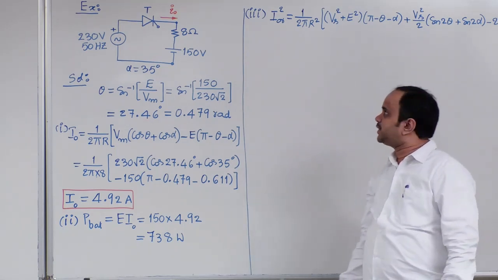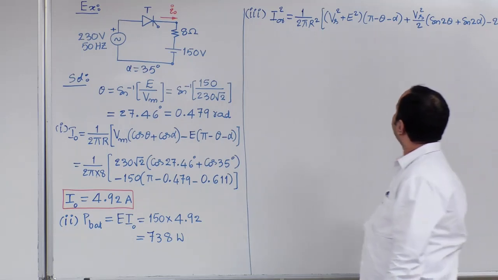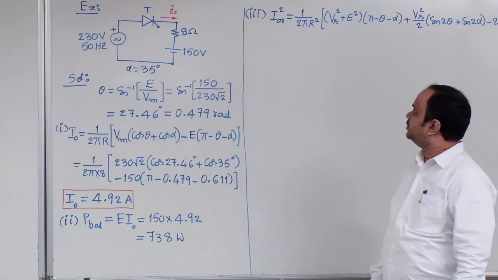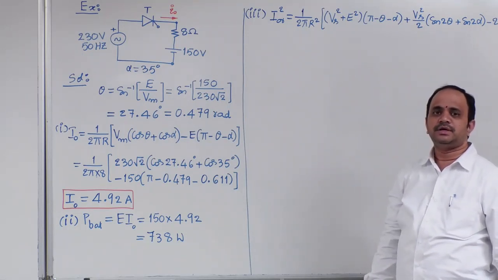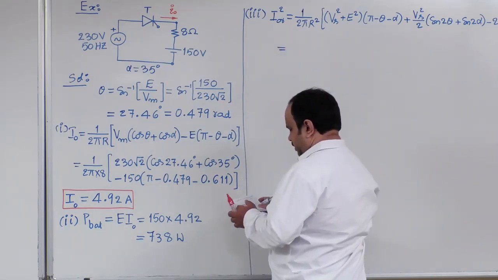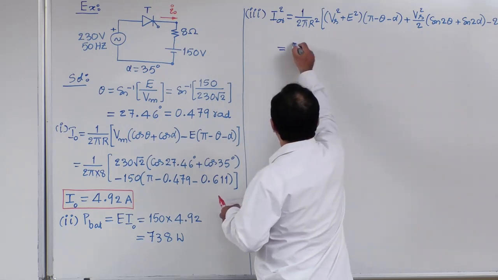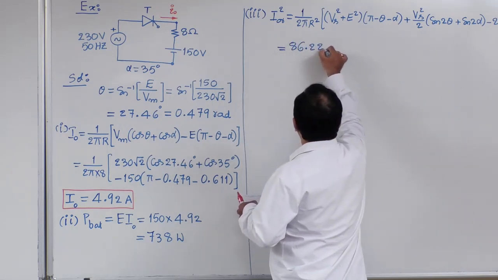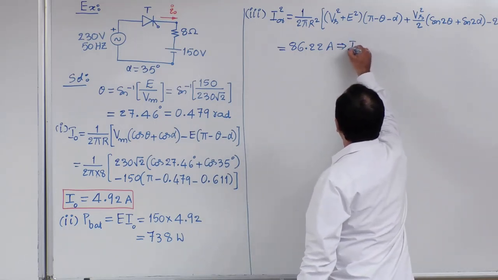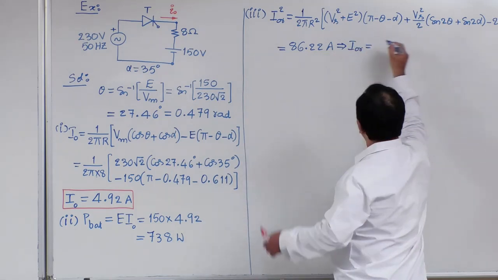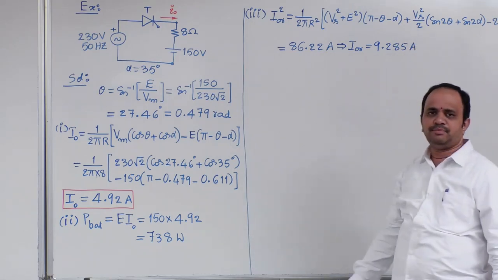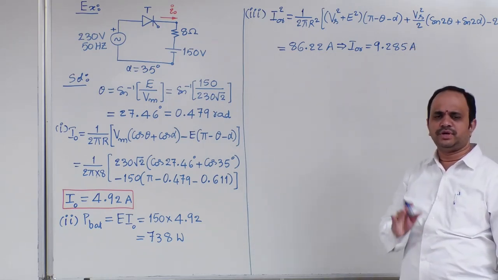This is the expression for I o R square. Now in this equation, Vs means 230 volt, Vm means 230 multiplied with root 2. So if you substitute the numerical values, I got I o RMS square value equal to 86.22. So from this, you can take a root, 9.285 ampere. Okay, small round off error is fine, no need to worry about it.